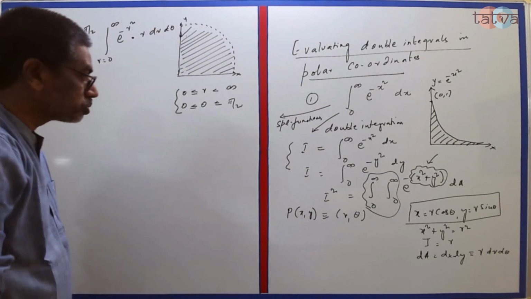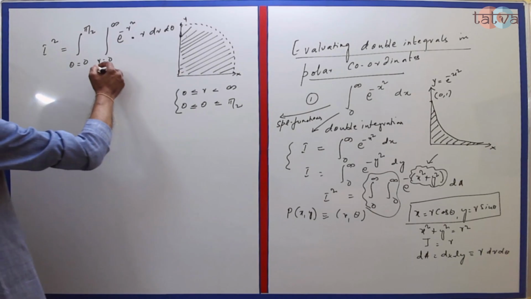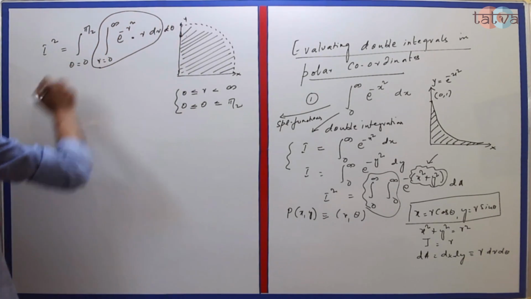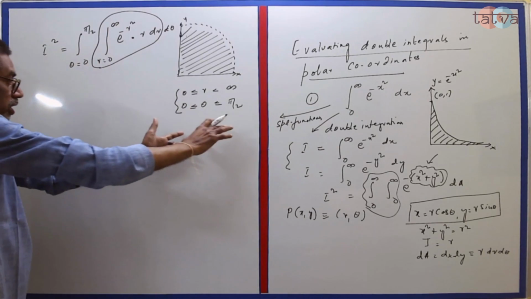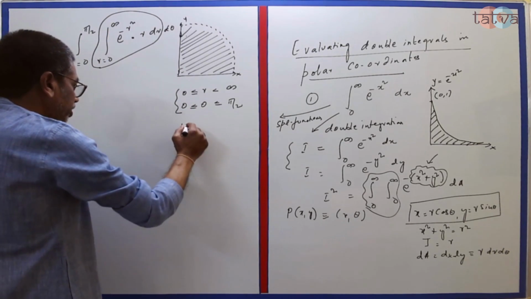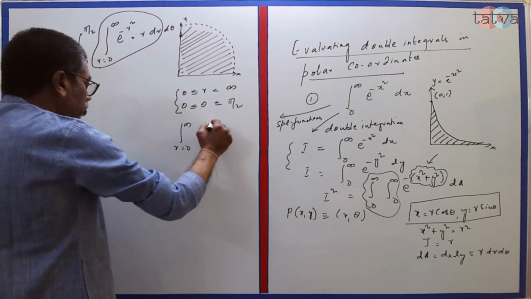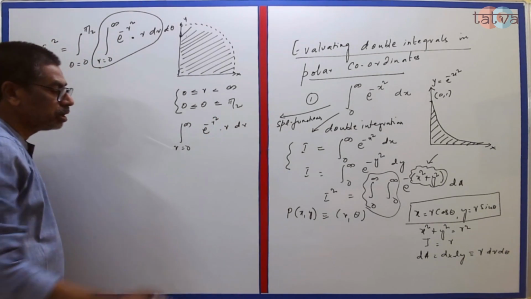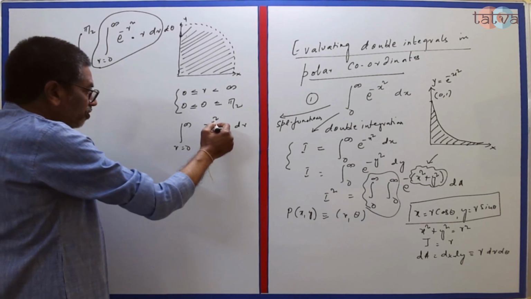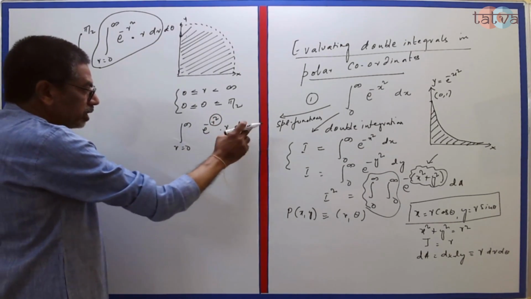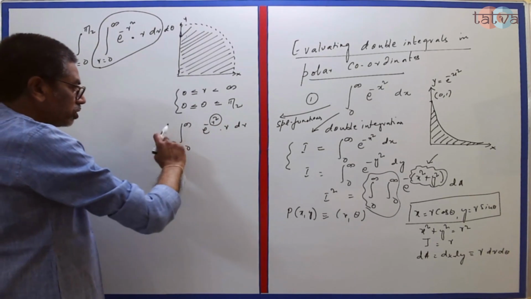The beauty about this problem is that this can be easily evaluated. So I'll show this part of the integration here. r is equal to 0 to infinity e power minus r square into r dr. The differential of r square is 2r dr. So I just have to divide and multiply by 2.